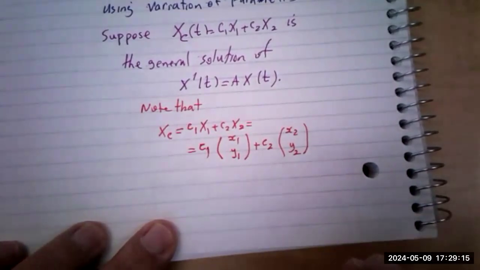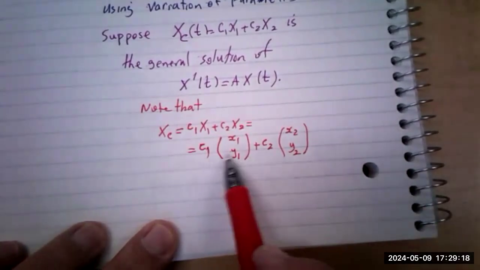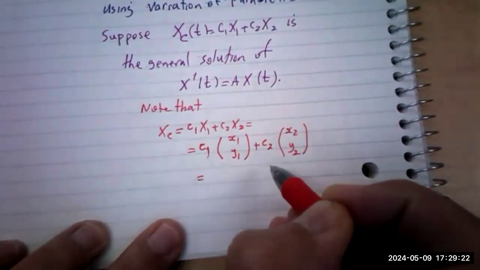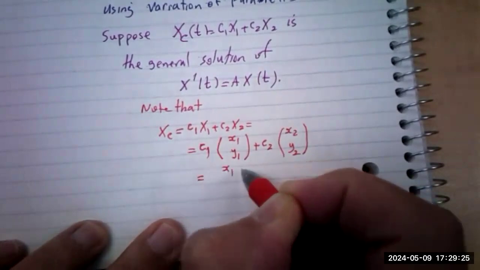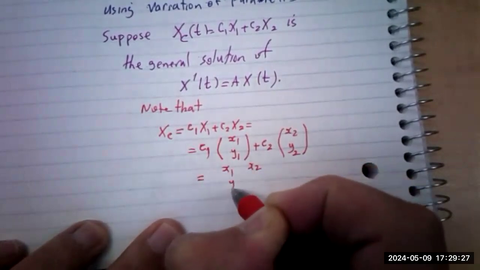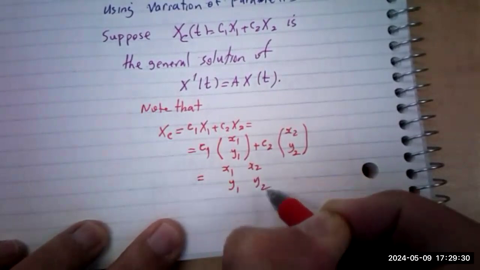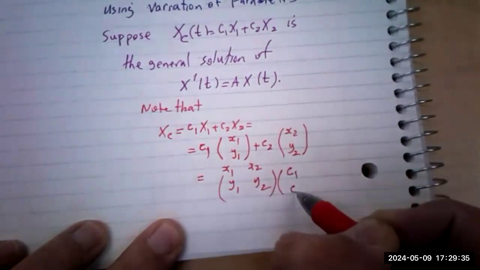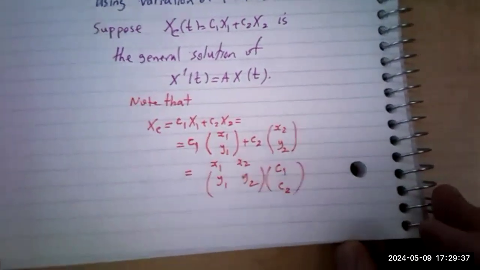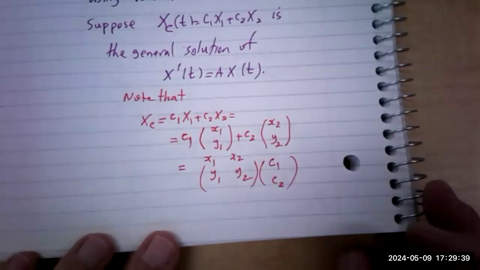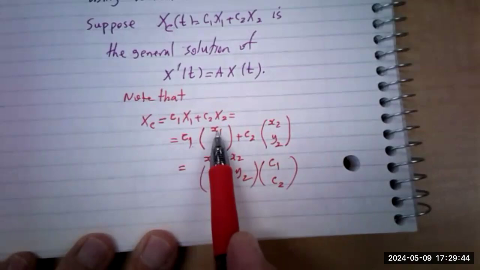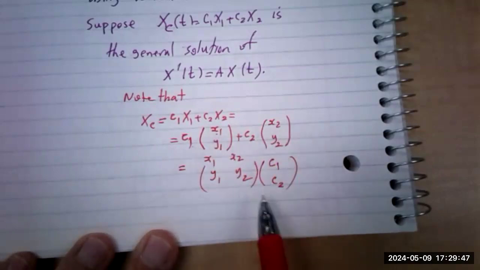If you put them together as a matrix, you can rewrite this as the matrix with rows x1, x2 and y1, y2, times the vector c1, c2. If you multiply together, you get exactly c1 x1 plus c2 x2.